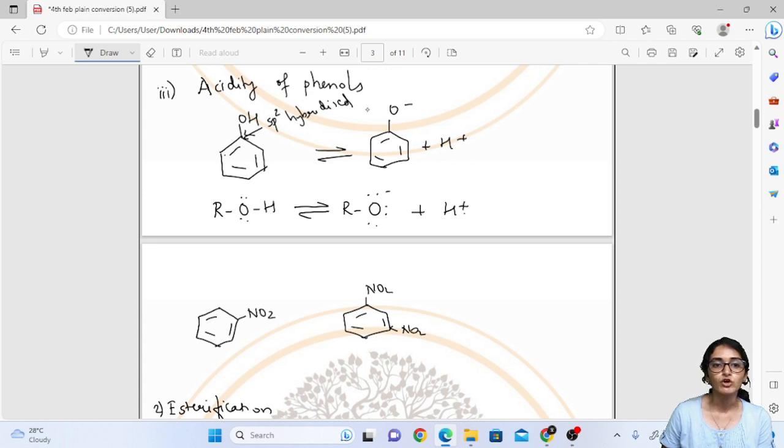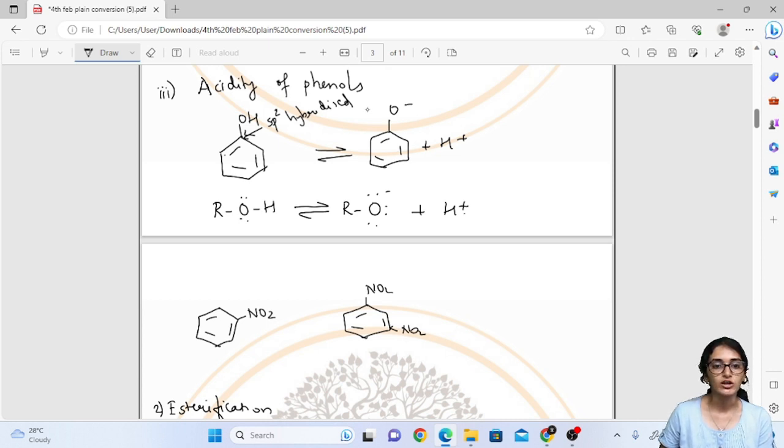So here we have conjugation of the double bonds in the ring. That's why the negative charge on the oxygen is delocalized. Since there is delocalization, the negative charge is not localized on oxygen itself. So it can move anywhere in the ring. Okay, so that's why it can be easily ionized.